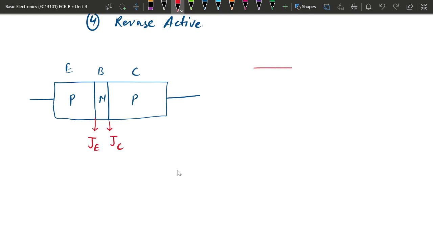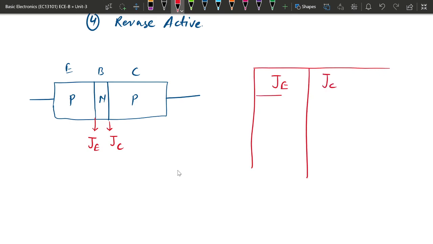We can just conclude based on the emitter junction and the collector junction, this is the mode of operation.